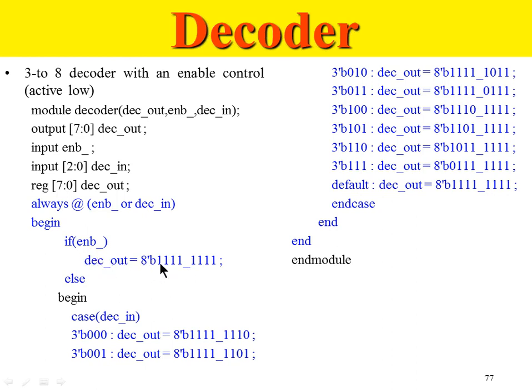With blocking, DC out will get updated with this value immediately without any delay. If I use a non-blocking assignment here, DC out <= 111111, this will get updated at the end of the always block. We call it getting updated after a delta delay. That's the terminology.